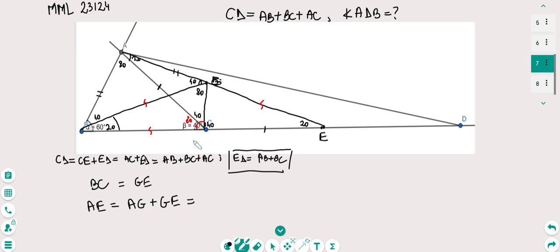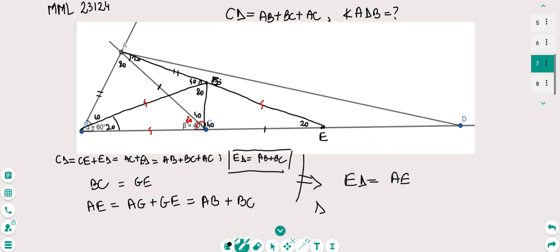By isosceles triangles, AG is equal to AB by the construction that we made. GE from above is equal to BC. Cool, amazing. From both of these, we get ED is equal to AE.